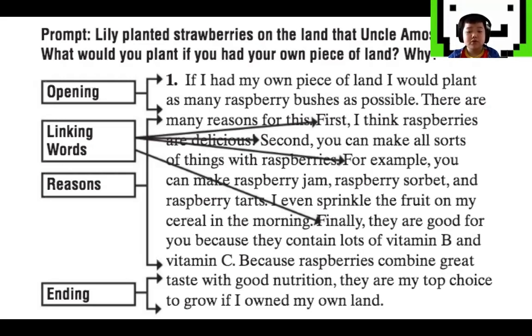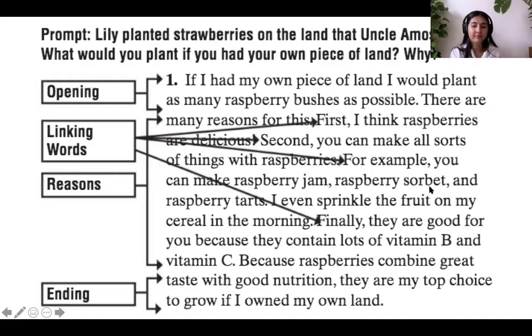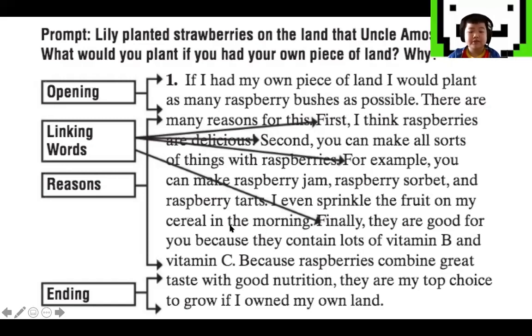For example, you can make raspberry jam, raspberry sorbet, and raspberry tarts. I even sprinkle the fruit on my cereal in the morning. Finally, they're good for you because they contain lots of vitamin B and vitamin C.